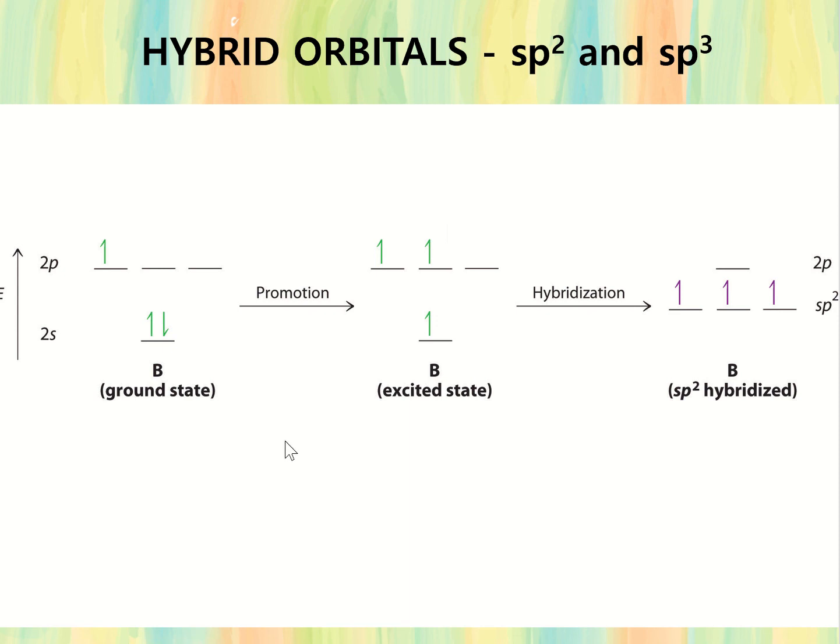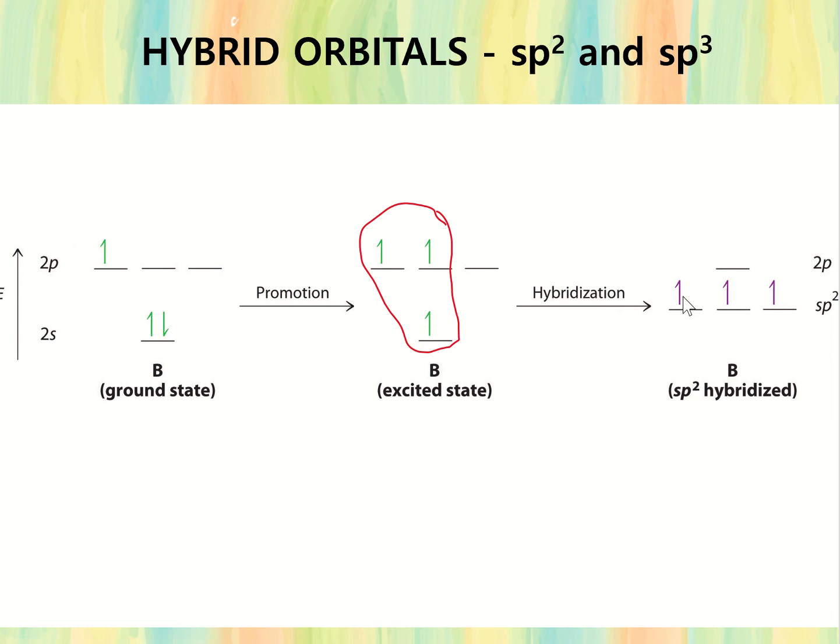And then after that, you have hybridization. So these three subshells mix or become hybridized to form three sp2 hybrid orbitals that are clearly equal in energy, because notice that E represents energy here, low energy to high energy.